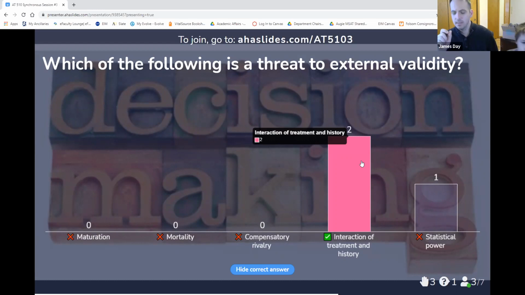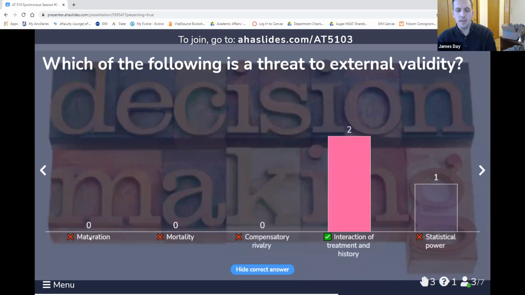And if there is some reason that causes the inability of us to trust these results beyond the situation immediately described, that's a threat to external validity, external validity being the ability to use this information in another situation, or generalizability, right?